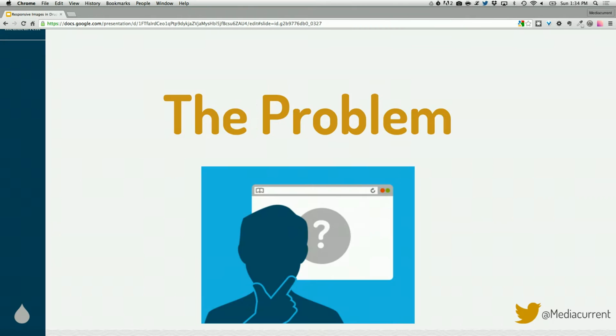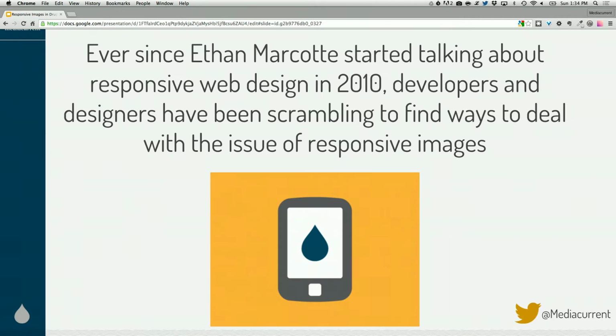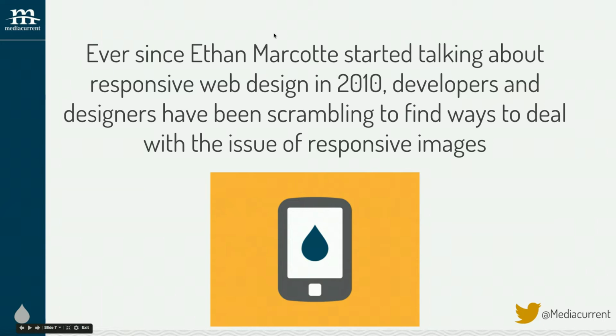So the problem is that, ever since Ethan Marcotte started talking about responsive design, everybody started to adopt responsive design. I've been talking about responsive design for quite a while, and it seems like everything in responsive design has pretty much been sorted out: media queries, grids.